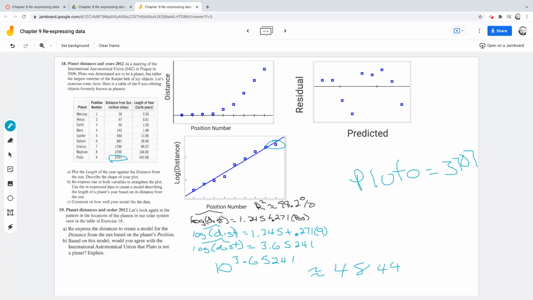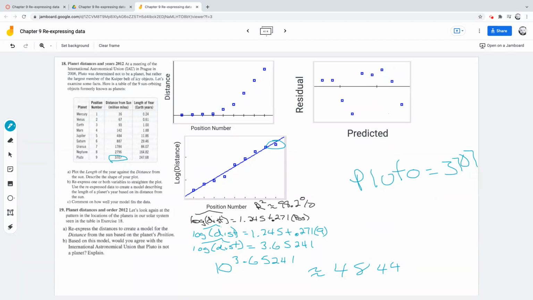And so that's what they base that decision on. Now, Pluto doesn't fit the pattern for position and distance in the solar system. In fact, the model made with Pluto included isn't a good one, because Pluto influences those predictions. The model without Pluto is a little bit different, and that works much better.